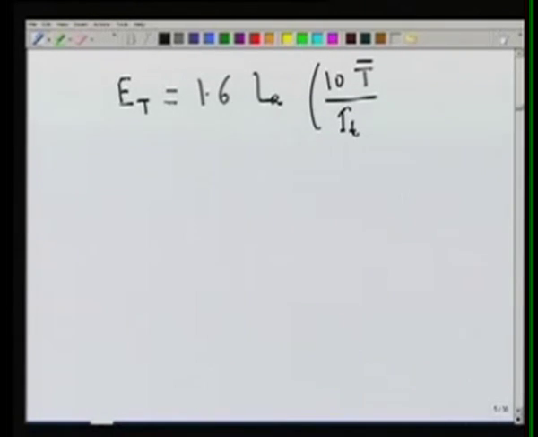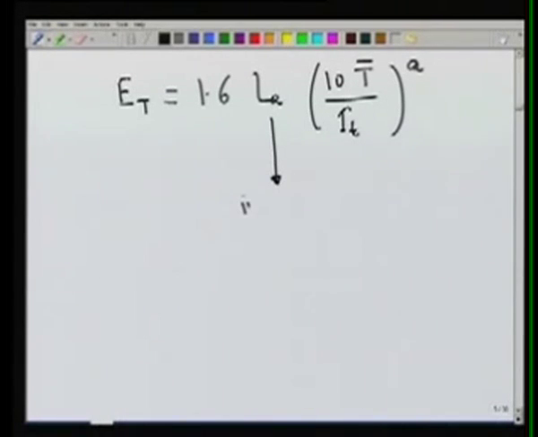Thornthwaite equation is a similar equation where we have an equation like this: 1.6 L_a (10 T bar over I_T) to the power a. So this also has a similar kind of form with a lot of these factors.